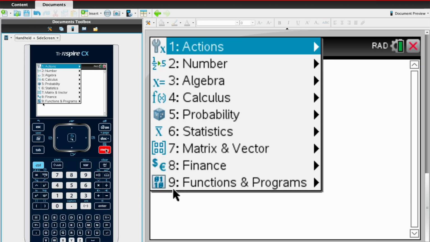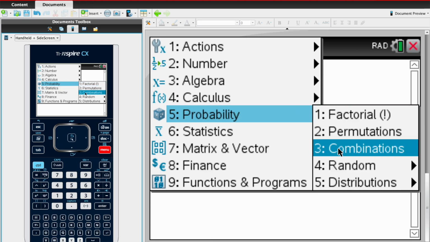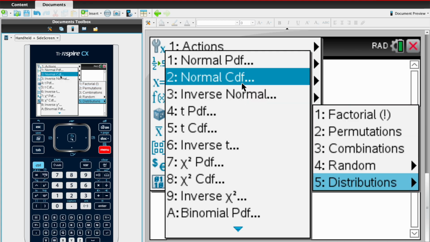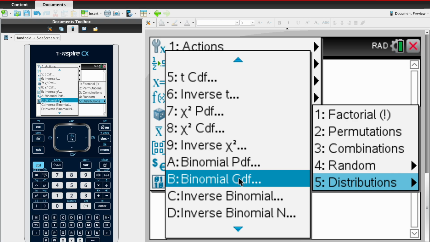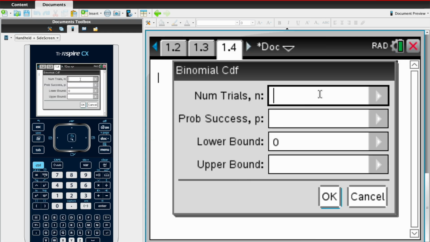Menu, probability, we have distributions, and here we have a binomial distribution. Number of trials, in this case, is 5. Probability of success, we're defining success as her car not starting, which obviously wouldn't be a success for her. Lower bound is 3, and upper bound is also 3, because we want exactly her car not starting.